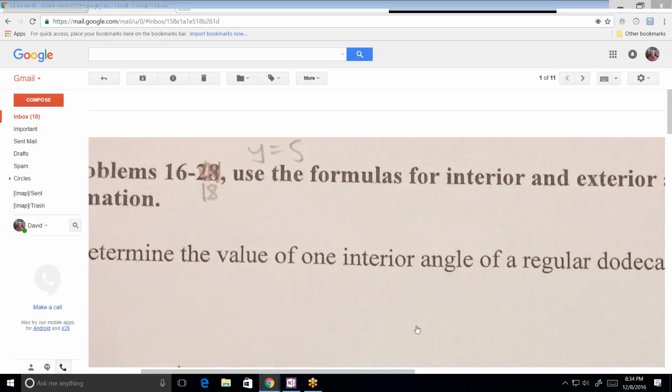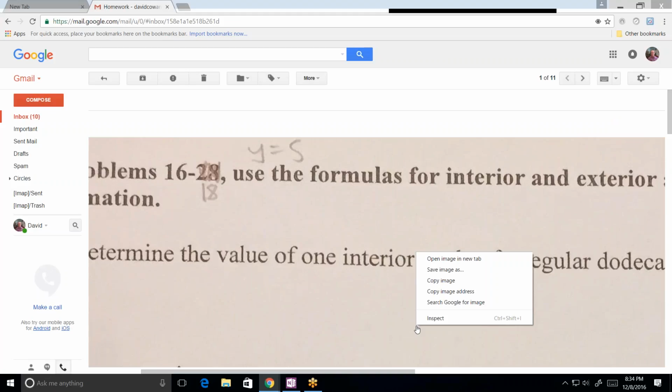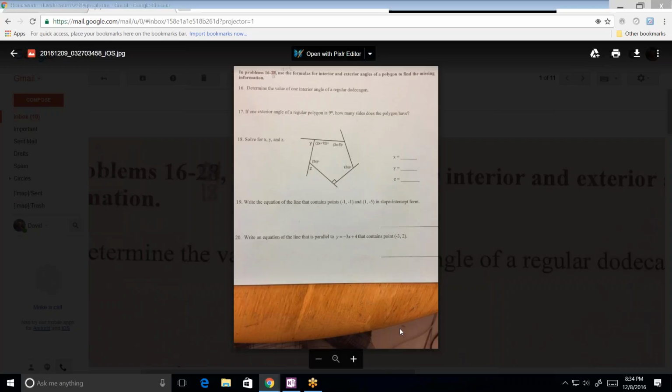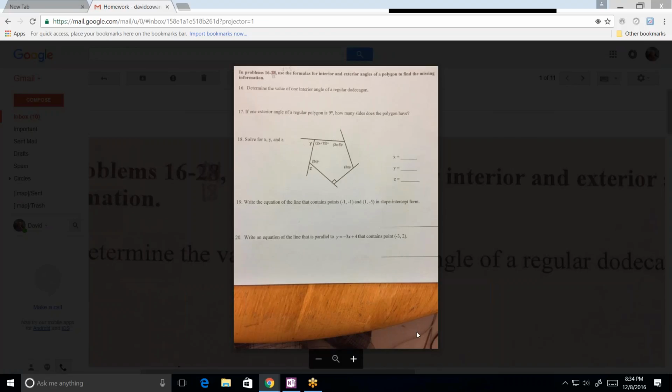Let's see if I right click. In other words, wow, what is this? Is this the same document? Yeah. Oh, wow. I don't know what I did to get it like this. I can zoom in and zoom out.